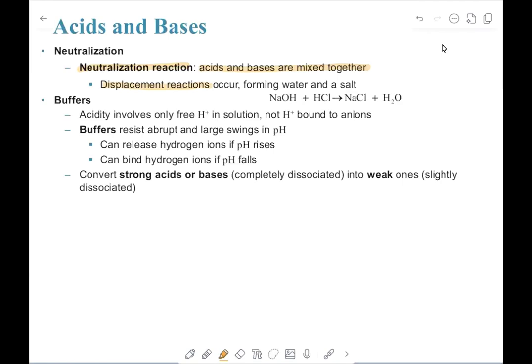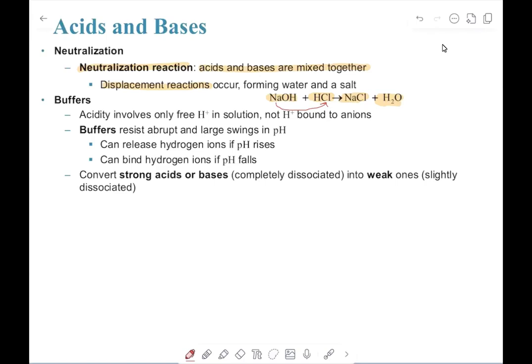So here we have a base called sodium hydroxide and an acid called hydrochloric acid. When they react, they produce a salt, which would be sodium chloride, and water. So you can see that the sodium combines automatically with the chloride to make a salt and water. That's always what happens in a neutralization reaction.